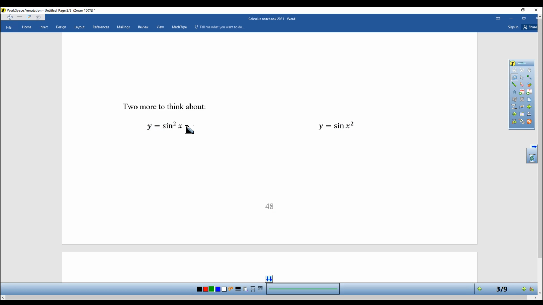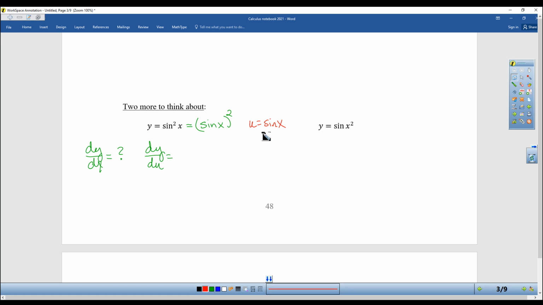So in this case, remember, these two I'm going to do often because people get them confused. This is actually sine of x, the quantity squared. So I want to know dy/dx. I'm going to say that u is sine of x, and then I can find the derivative of y with respect to u.